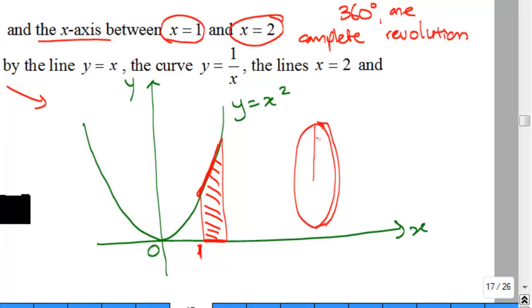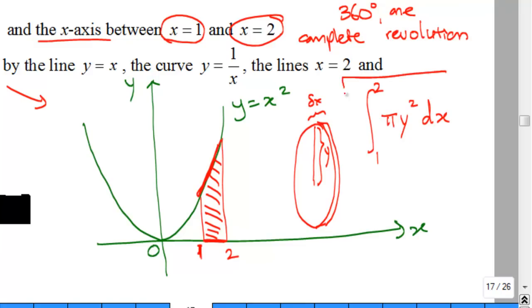If I draw one of them, we have seen before that the radius of each circular disc is given by y, and we know that the area of the circular disc is pi y squared with the thickness as delta x, which translates to dx and integrated from 1 to 2.